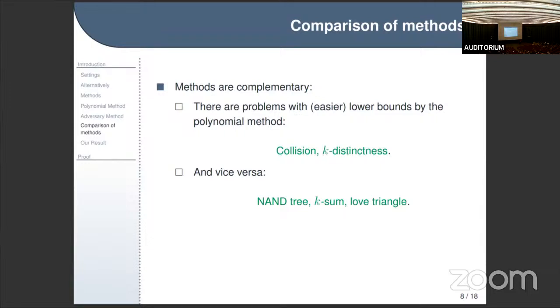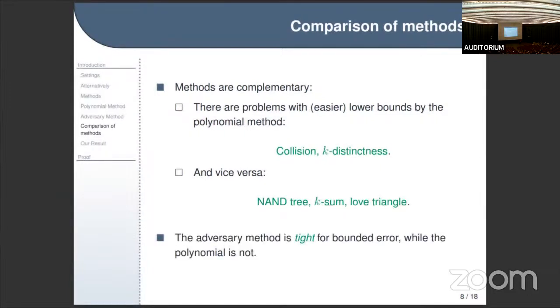Another important observation is that the adversary method is tight for bounded error. This means that in principle, for any function, you can find a tight adversary lower bound that gives the precise lower bound, while the polynomial method is probably not.